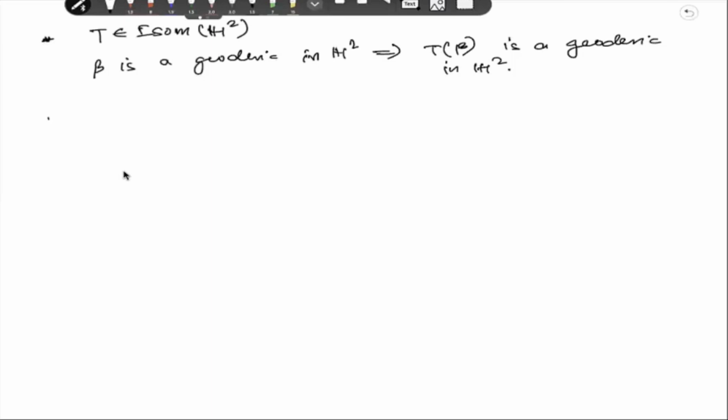Okay. So now, if I take T to be a Mobius transformation, this will imply T is conformal.